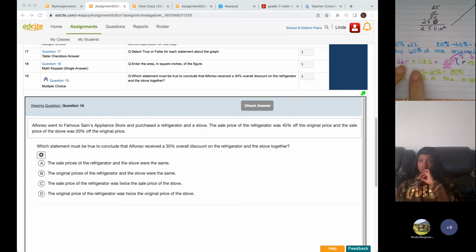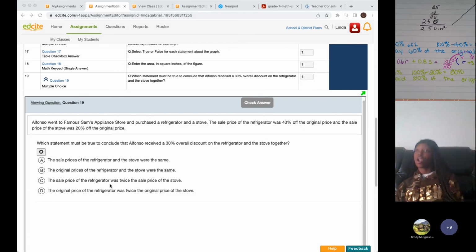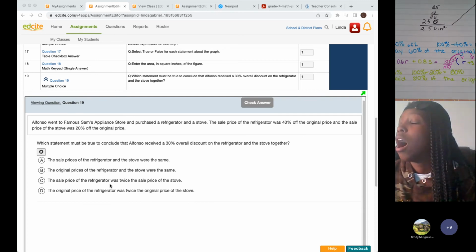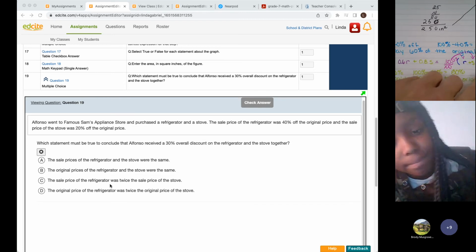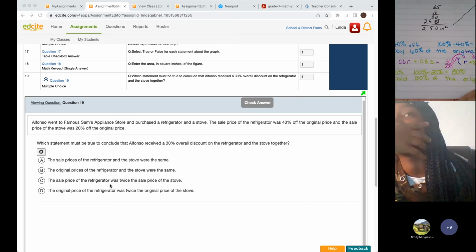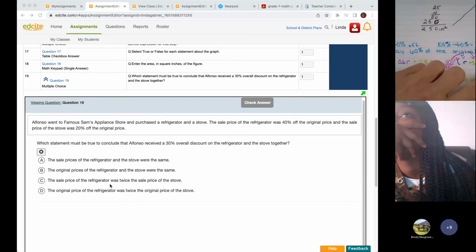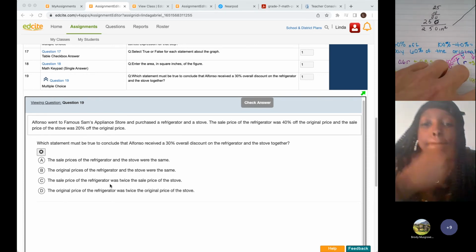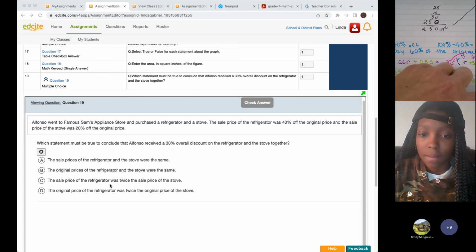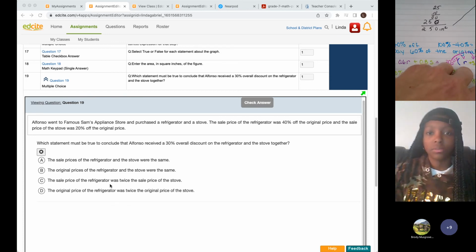Okay, so what I need to see here: the sale price of the refrigerator and the stove are the same. The original price of the refrigerator and the stove were the same. Let's see, if I put in here, I have 0.6 of R and 0.8. So if I divide my value here, R plus S, because I'm going to need to get this essentially by itself, right?